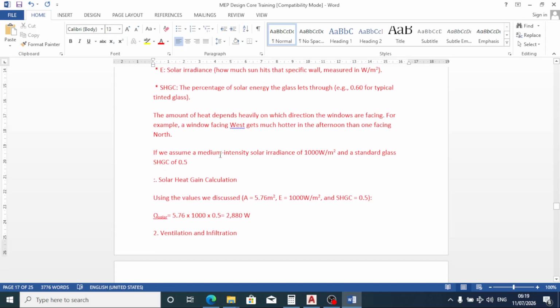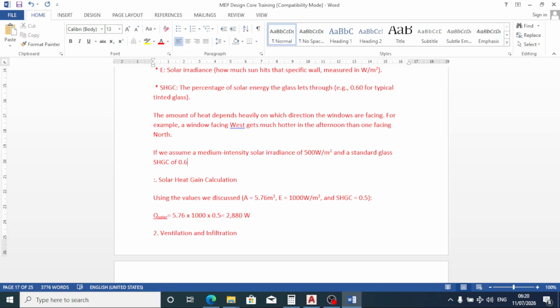So for our solar irradiance, we are going to assume 500 watts per meter squared for the west side, and the standard glass we said 0.6, right?